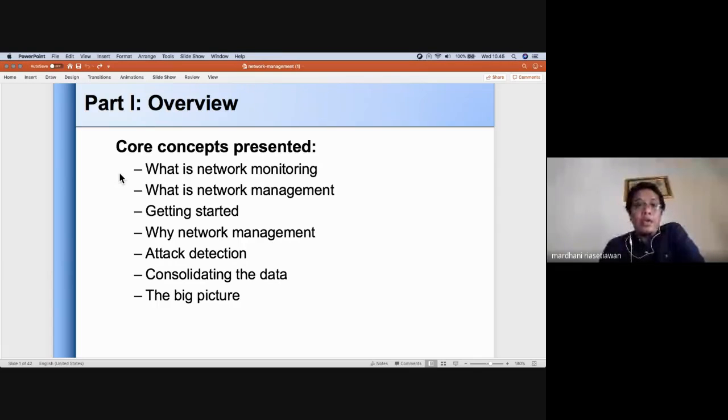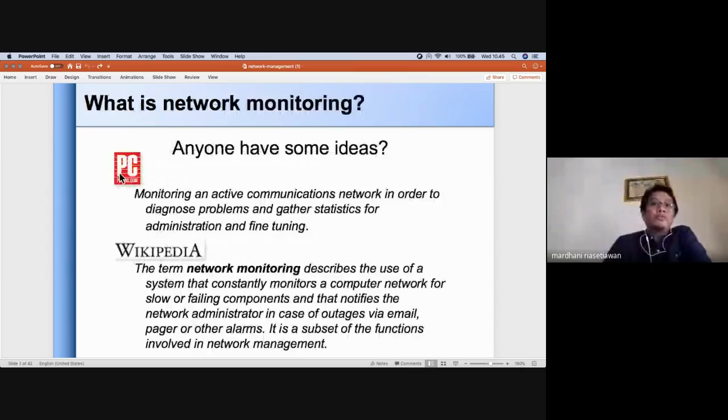Okay, let's start. The terms network management and network monitoring have become familiar and very easy to hear in the network or security fields. Last time we discussed routing theory, and I shared several routing algorithms.